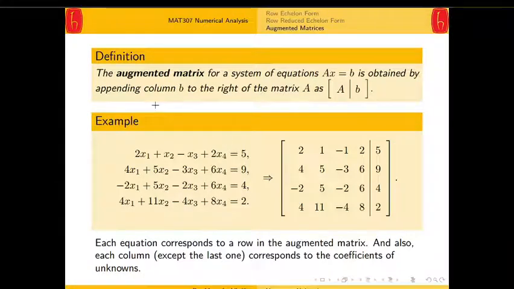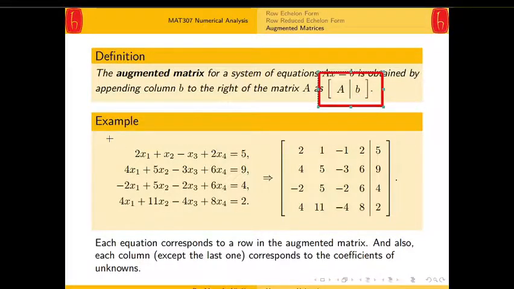The next definition is for the augmented matrix. The augmented matrix for a system of equations Ax = b is obtained by appending column b to the right of the matrix A, so it is a matrix with two blocks. The left block is the coefficient matrix A, and the right block is the vector of known constants.